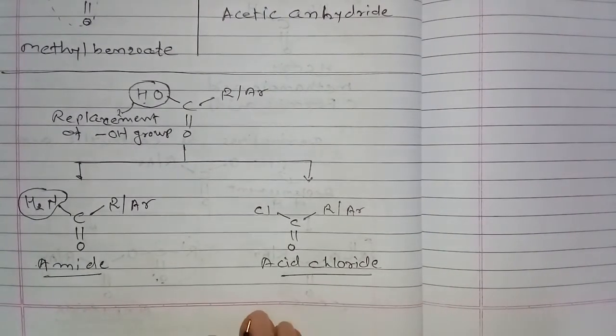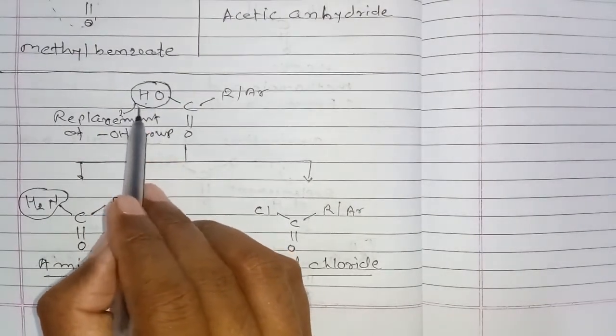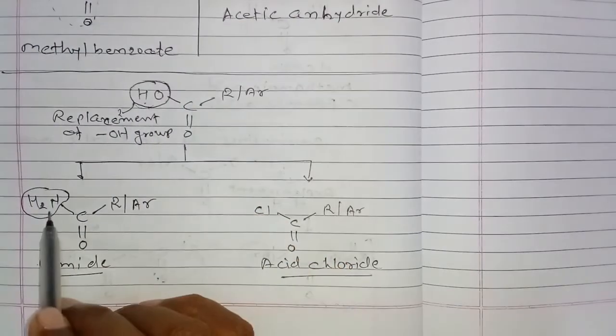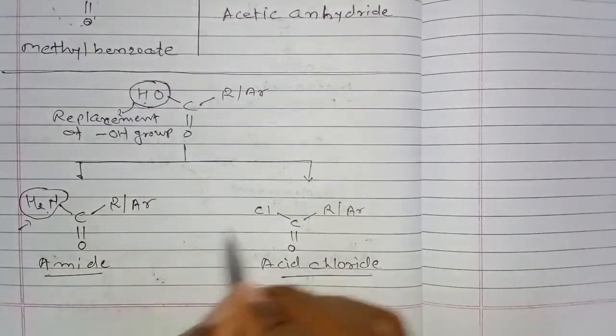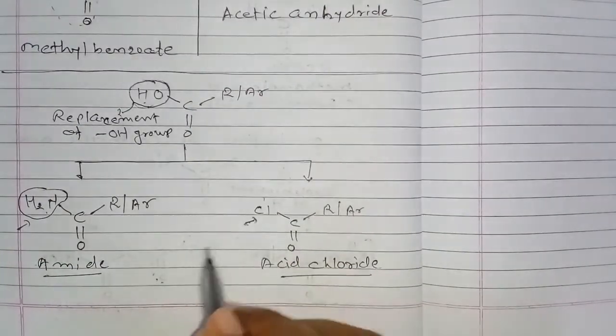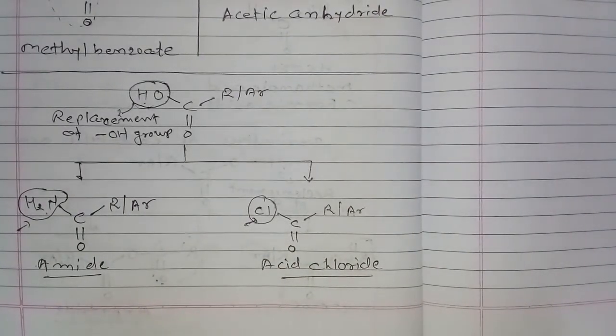Okay, in this case the hydroxyl group of the carboxylic acid is replaced by NH2 and by the halogen chlorine.